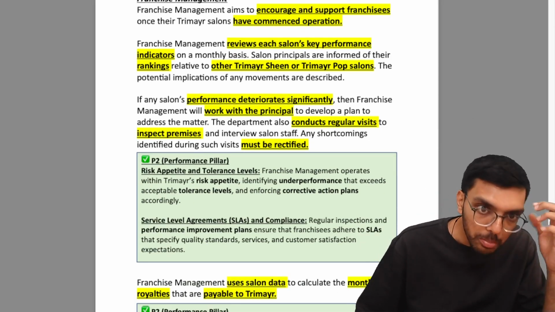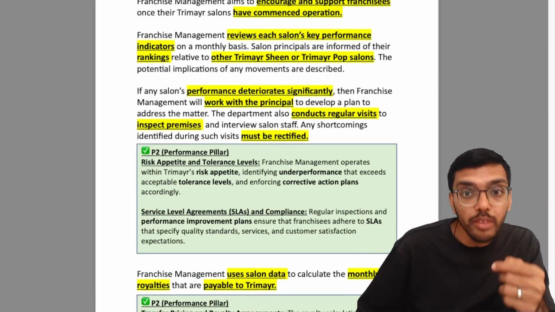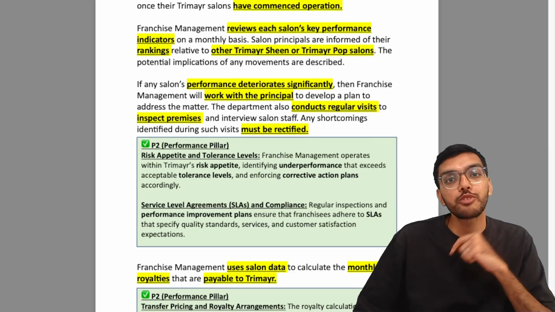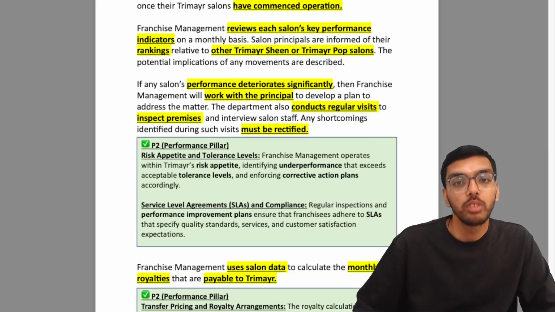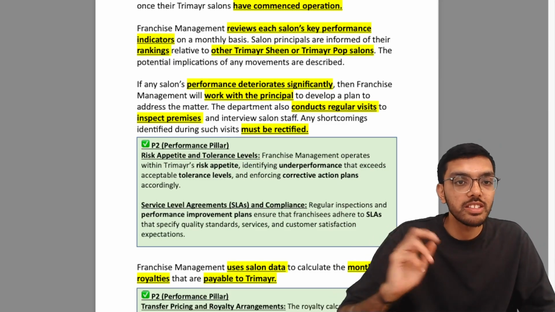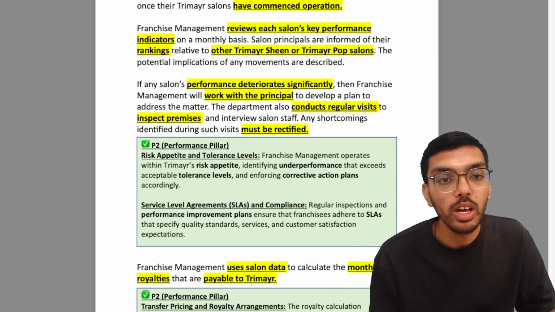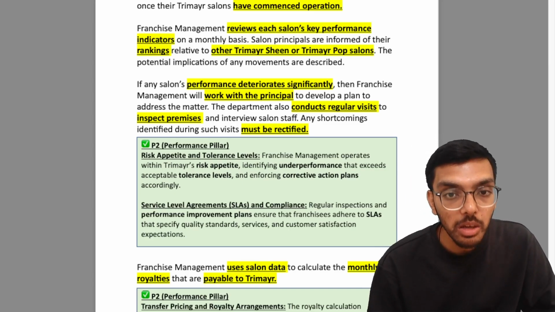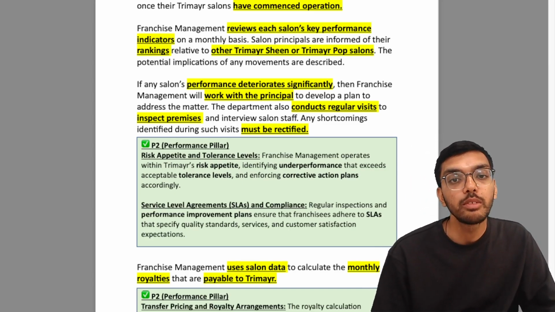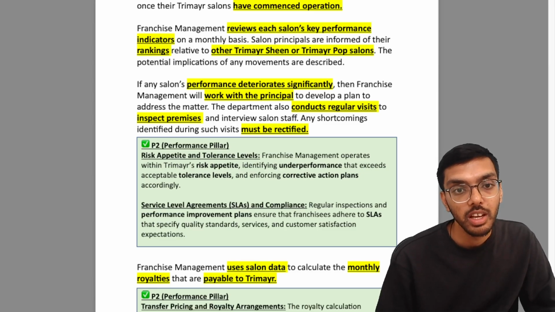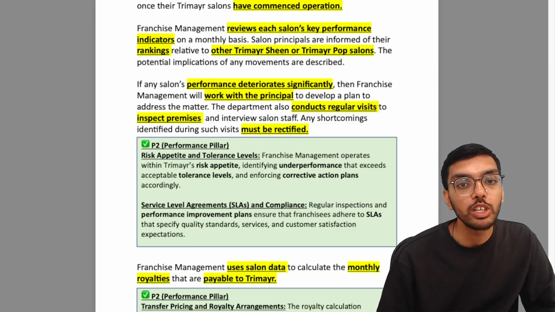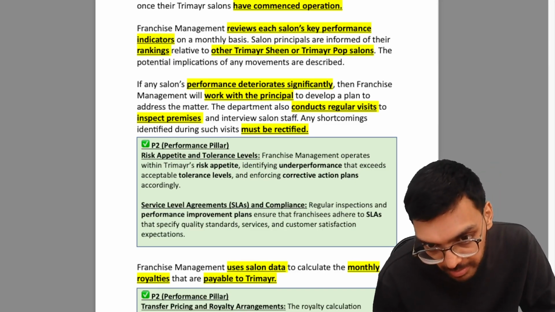If any salon's performance deteriorates significantly, then franchise management will work with the principal to develop a plan to address this matter. And this department also conducts regular visits to inspect premises and interview salon staff. Any shortcomings identified during such visits must be rectified.